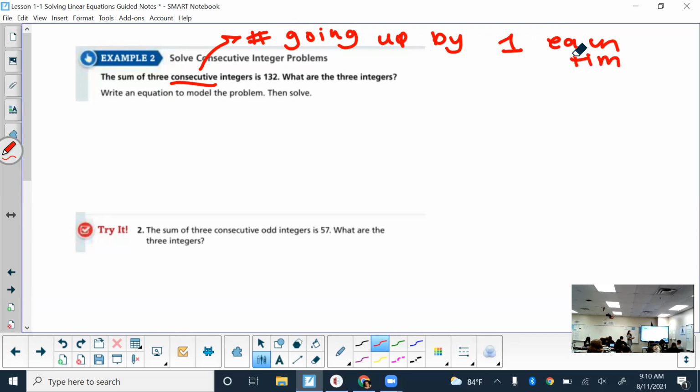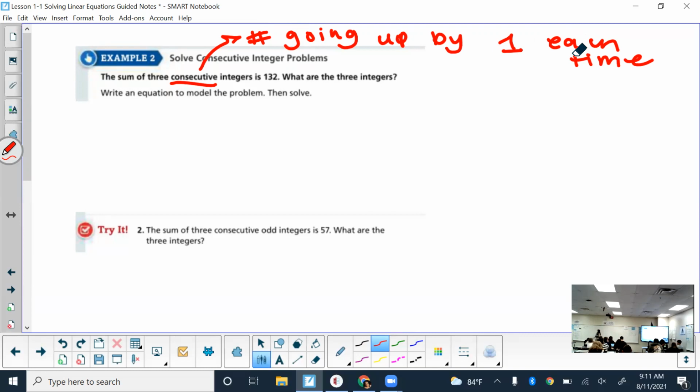So numbers going up by 1 each time are what consecutive integers are. So if we're trying to figure out, what are 3 numbers that are right next to each other that add up to 132? I see a lot of students try and guess. All right, that usually takes them a while and they're not always right. So it's not an effective method.